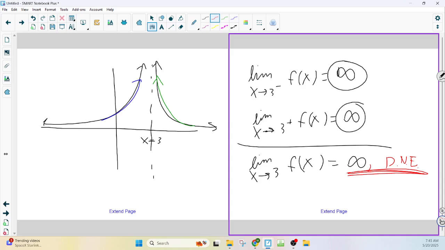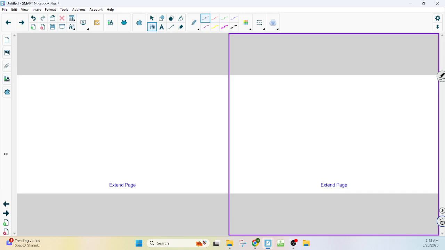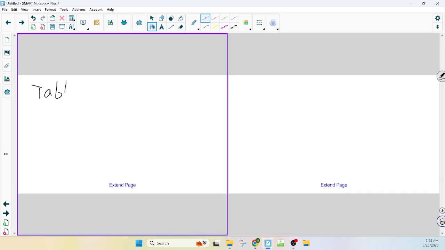Okay? So that's a little bit of what we want to get into. We want to get into also tables just for a second. I want to make sure that we know how to make a table. So let's talk about tables for a minute. I might go to the document camera actually, just because it's going to be a lot easier. If we were to try to make a table with a limit problem, what would that look like?